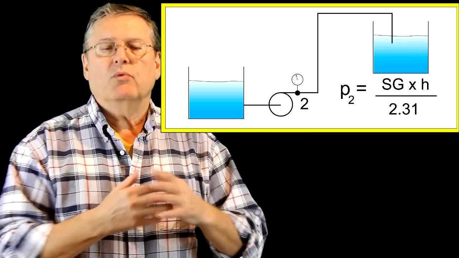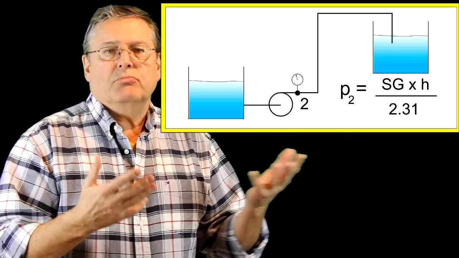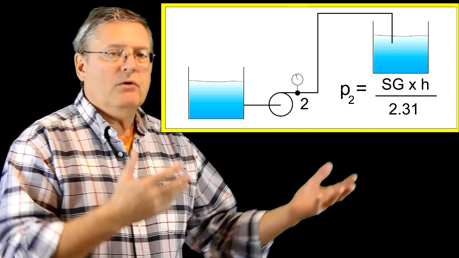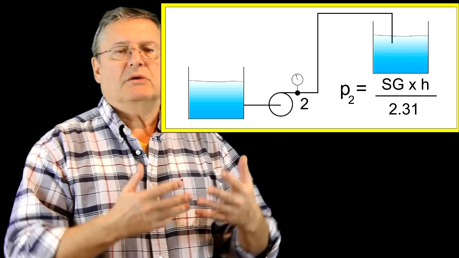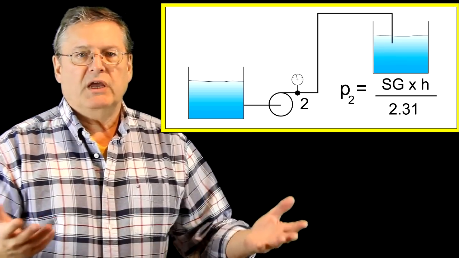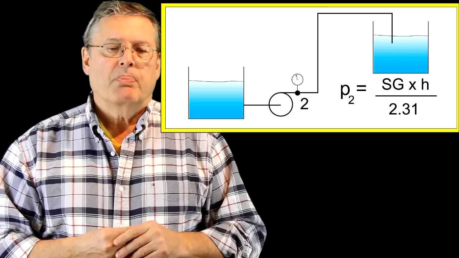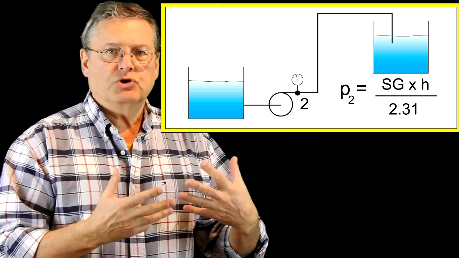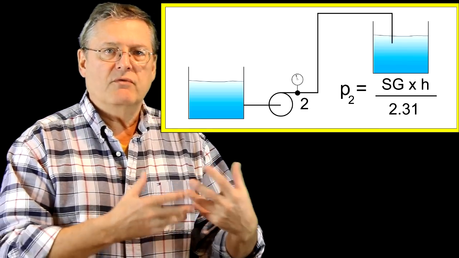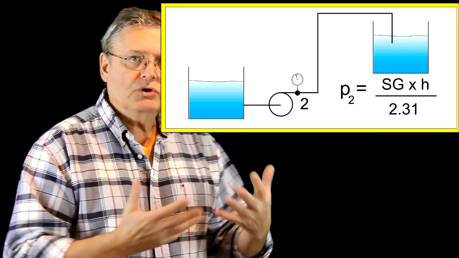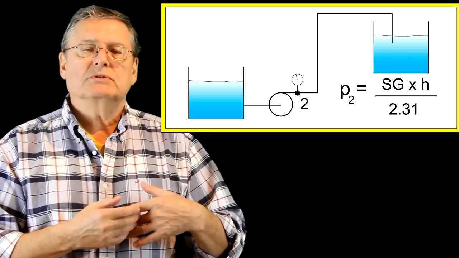The first thing we'll want to do is put a pressure gauge on the outlet of the pump. Usually a lot of domestic pumps come equipped with a pressure gauge. If not, you could put one on.